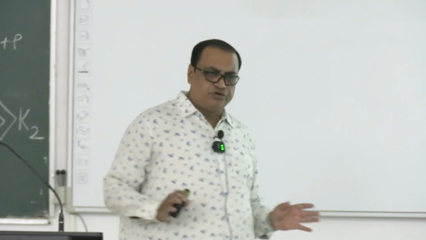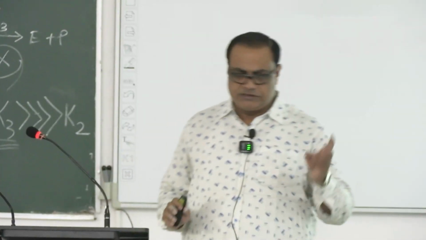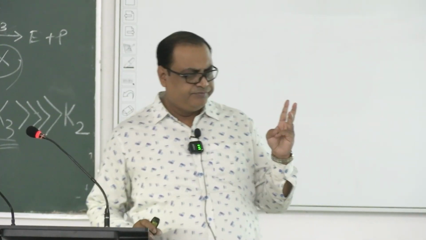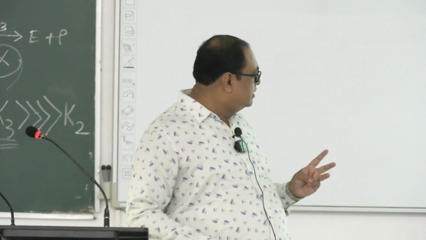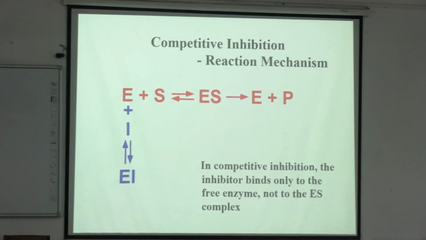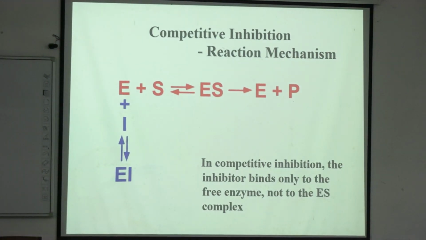To answer this question, you have to first give the definition, then a general reaction like this mechanism, and then one actual example from an enzyme. These 3 points you have to remember to answer this question. Everything is given in many books.